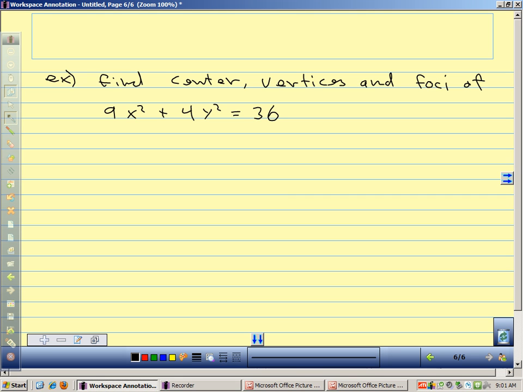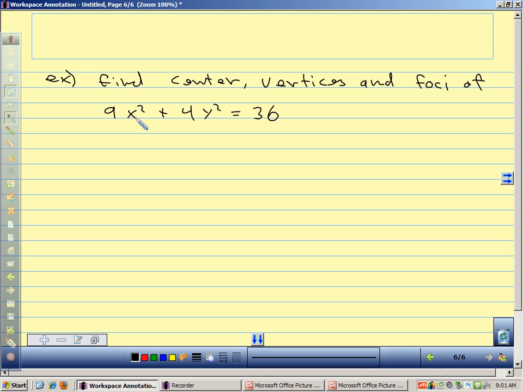Now, a couple of things when we're doing these problems. Once we get to a point where we can, I strongly suggest that you draw a little sketch. It doesn't have to be accurate. It just helps you to visualize where the axes are, where your focus is, where your center is. It'll really help you solve these problems.